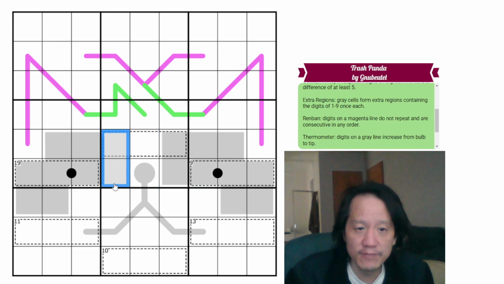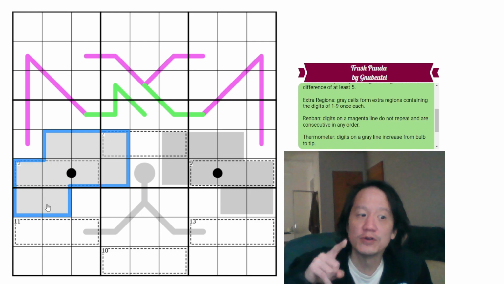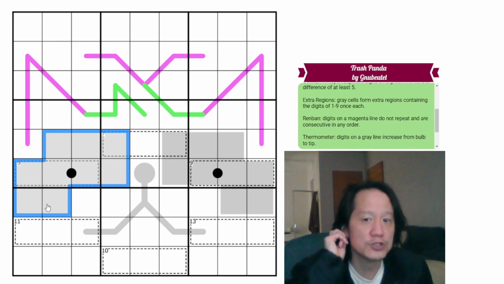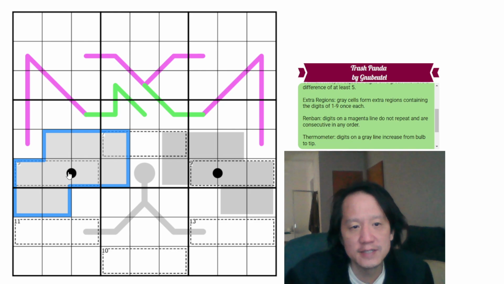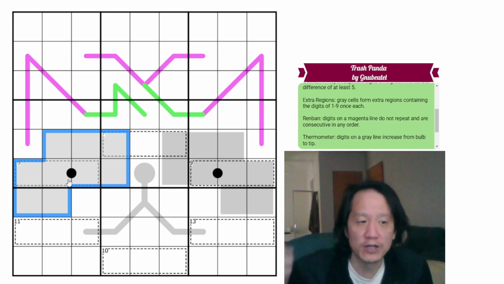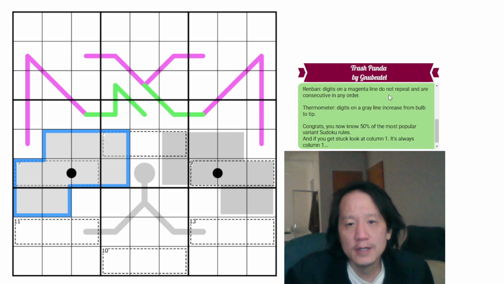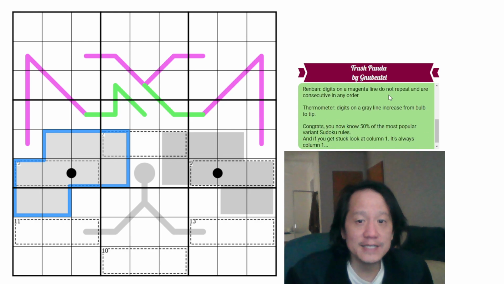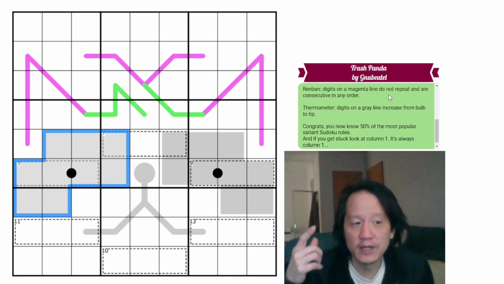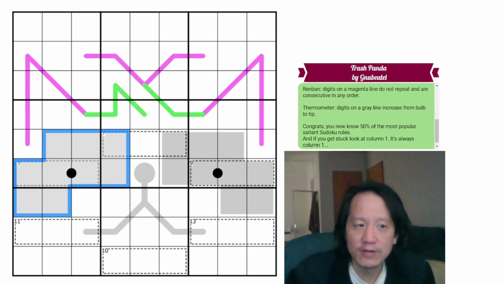And it's the same for this one. You have the digits 1 through 9 once each in this region too. That's the same as a box, but in an irregular shape. That's in addition to the boxes having the digits 1 through 9.